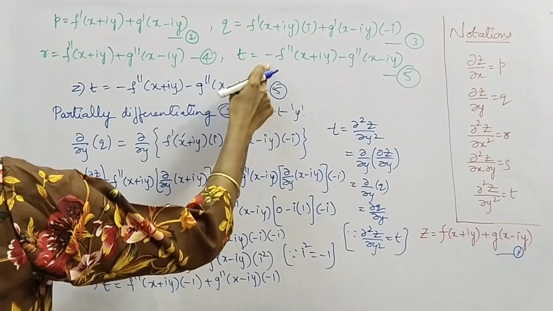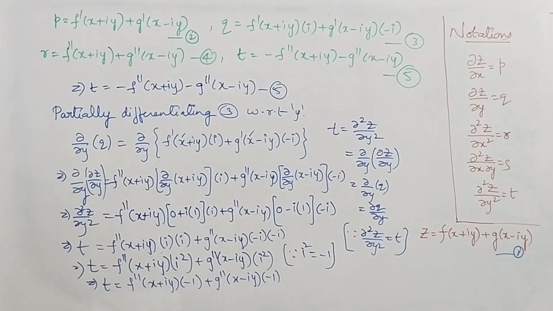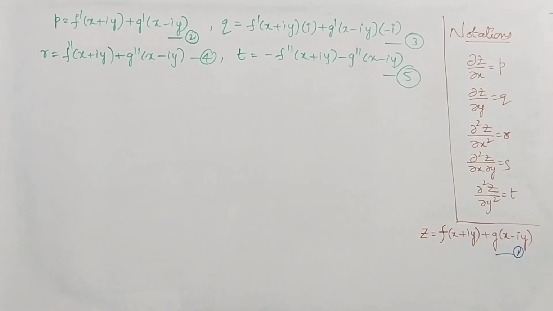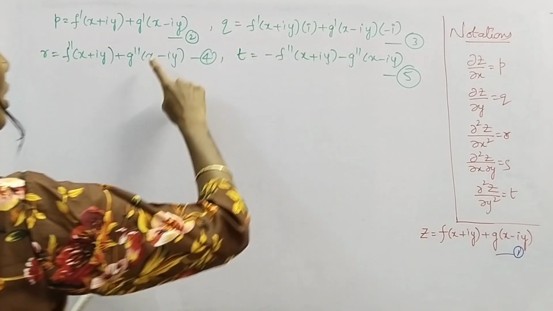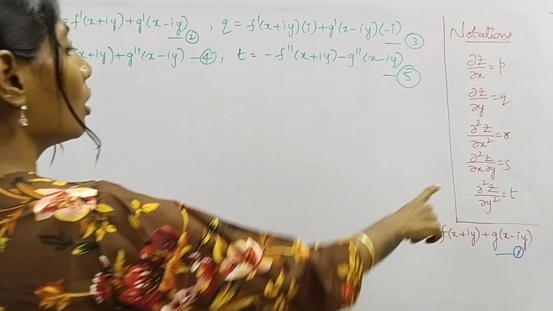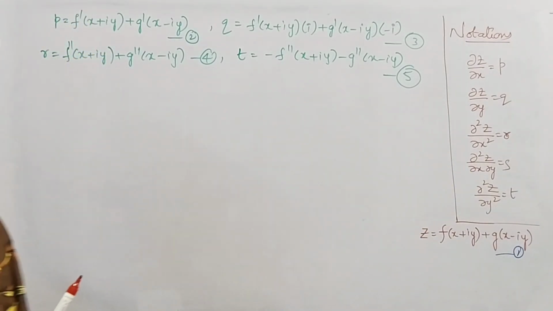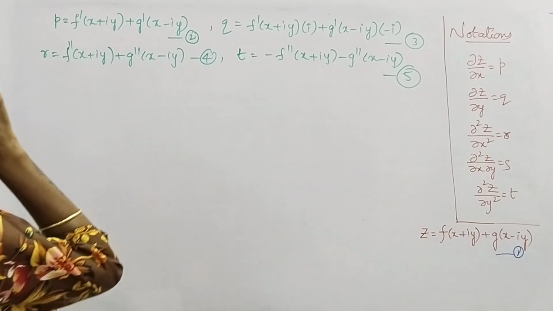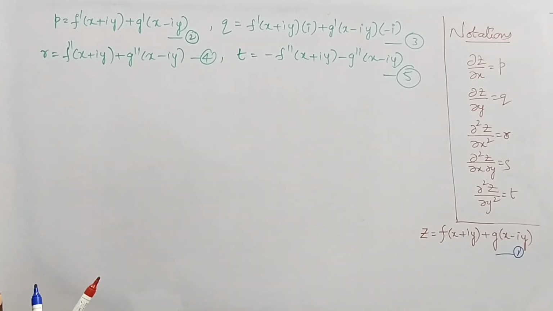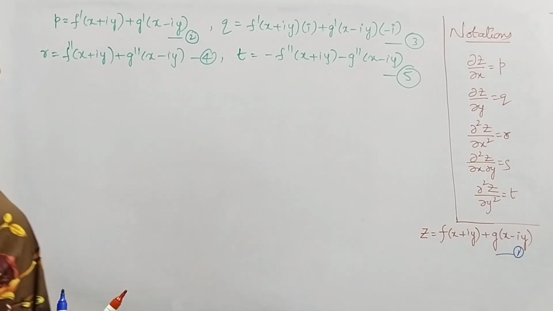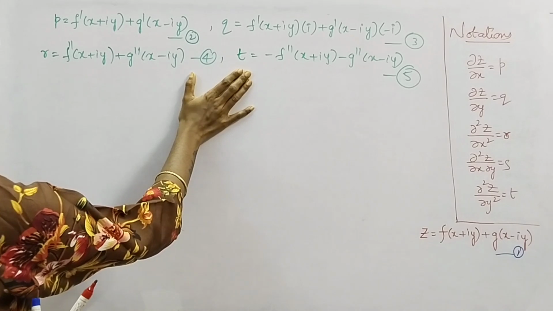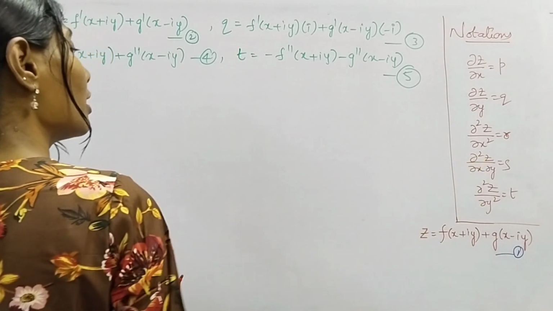Simply from 4 and 5, you will get the required partial differential equation. Make a habit of observing all these 5 equations. If we have s also, observe that s also. Better if you are going to give an exam, find all these 5. First find this 4 and then find this s also.